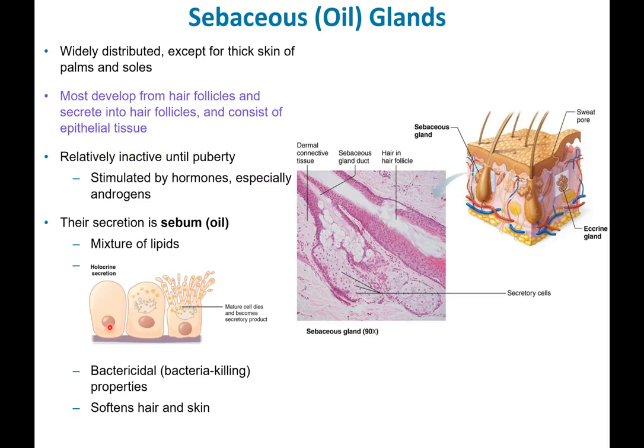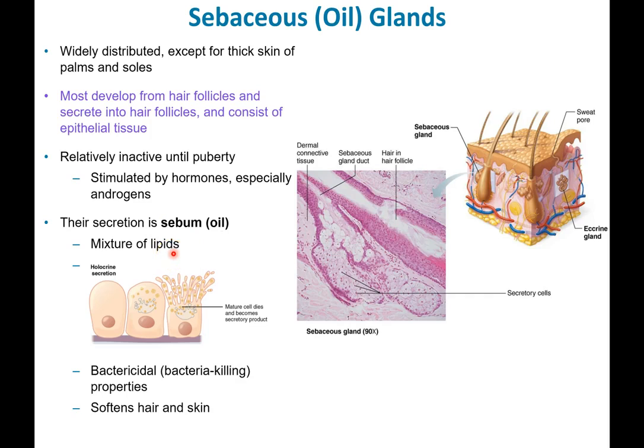Now, sebaceous glands remain quite inactive until puberty. So the primary stimulus for sebaceous gland activation is hormones, particularly a class of masculinizing steroid hormones called androgens. Their secretion is oil or sebum, which contains a mixture of lipids.